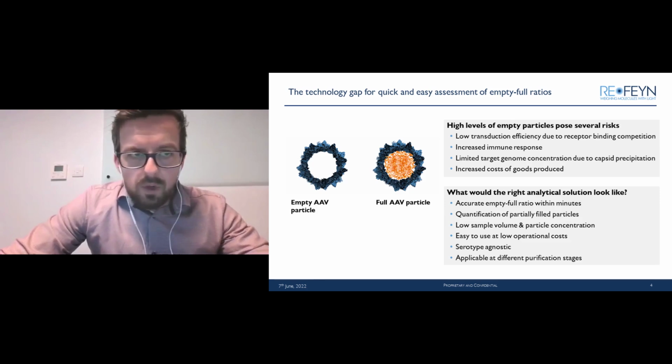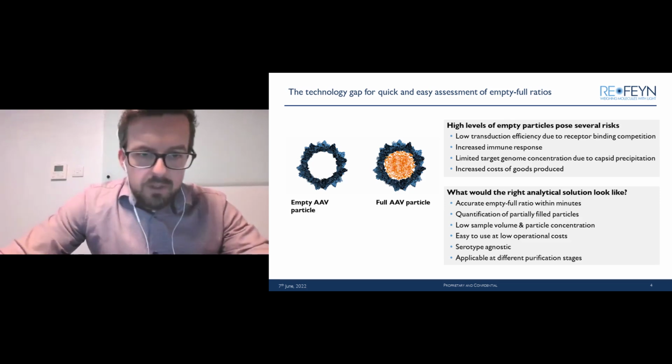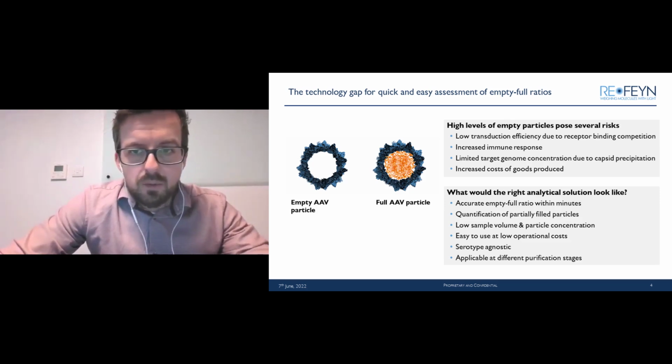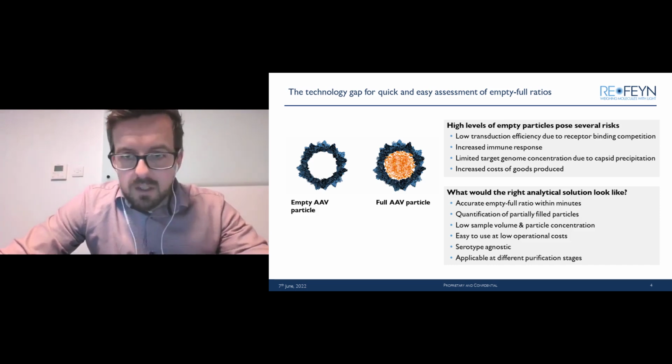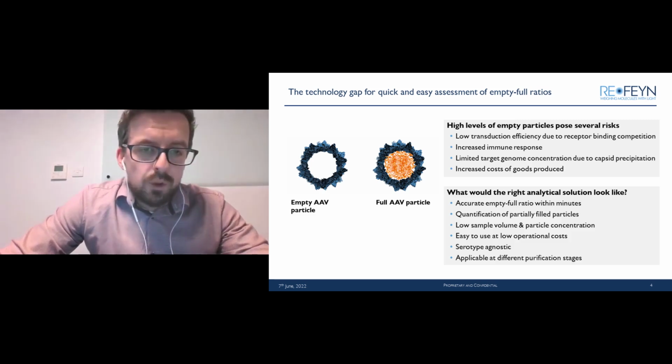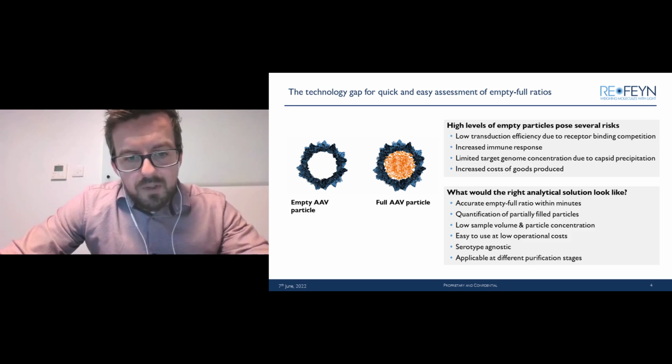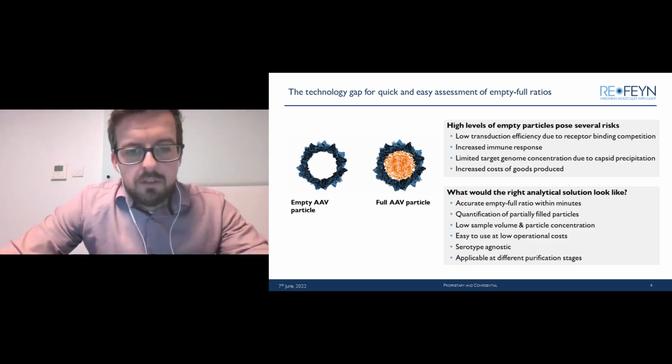Right, so I believe most of the audience will be familiar with viral vectors as tools for delivery of a DNA payload. And that is indeed what AAVs can be used for. In addition to full capsids that contain the desired payload, manufacturing processes currently can also lead to a large number of empty capsids that are produced as well.